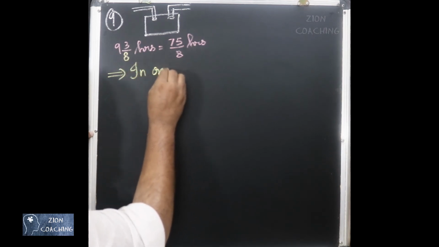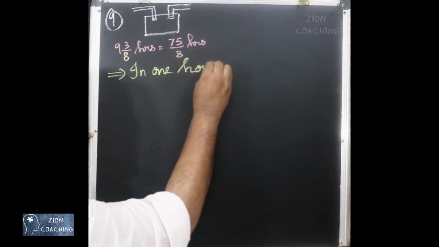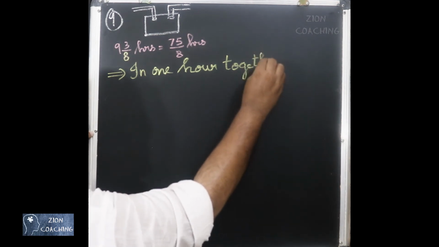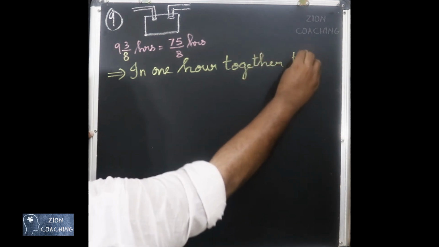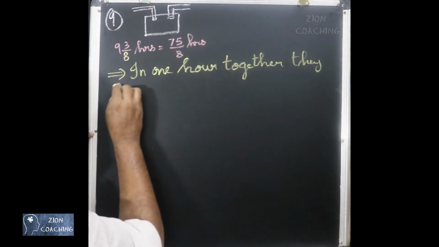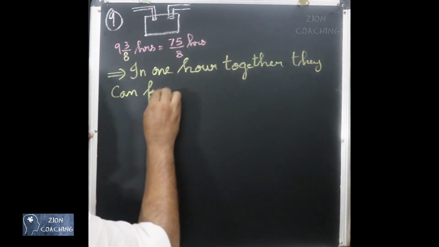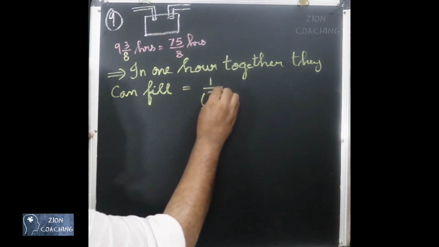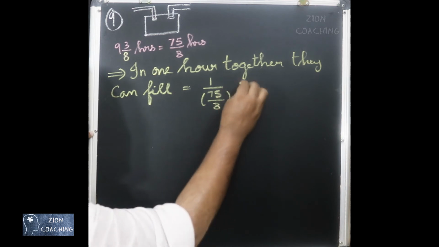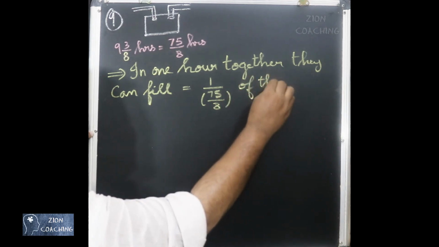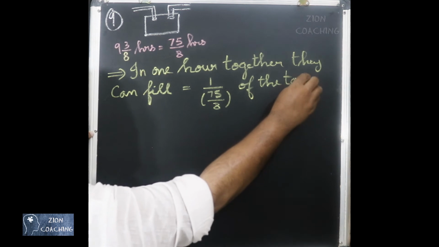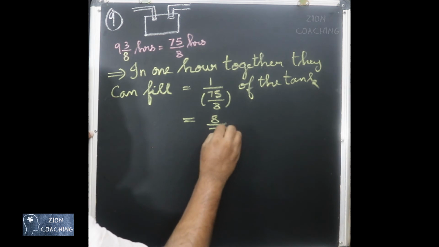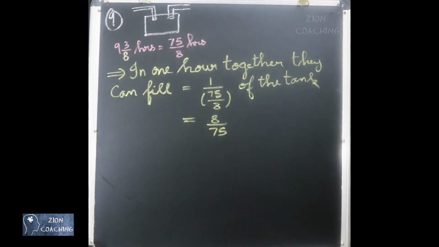In 1 hour together they can fill 1 by 75 by 8 of the tank. That is going to be 8 by 75. Now we are going to write the equation.